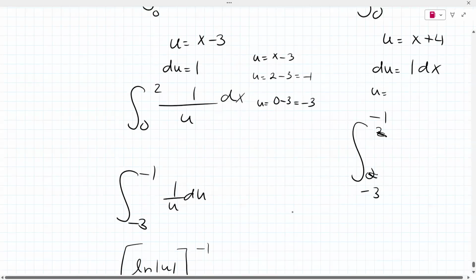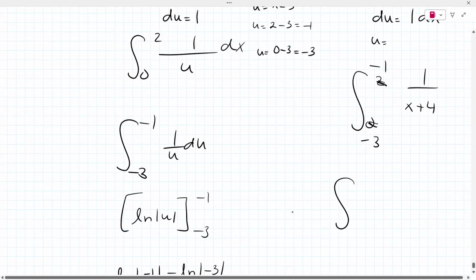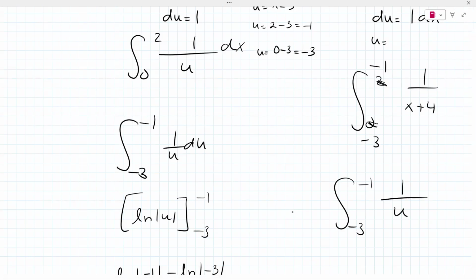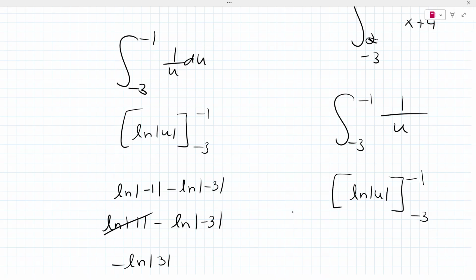And then it's going to be 1 over x plus 4. So you can write this as the integral from -3 to -1 of 1 over u, and we know the integration of 1 over u is just ln of u from the boundaries -3 to -1.